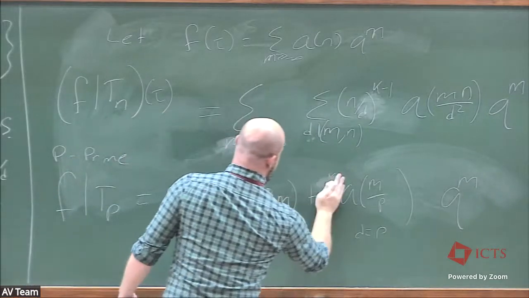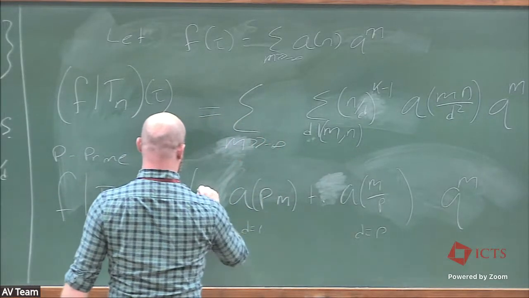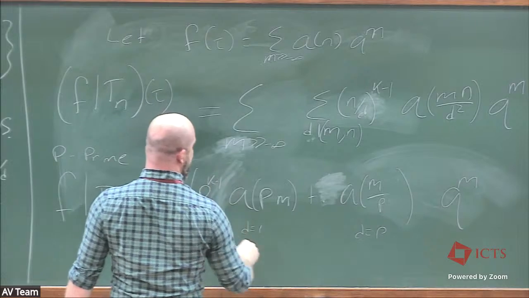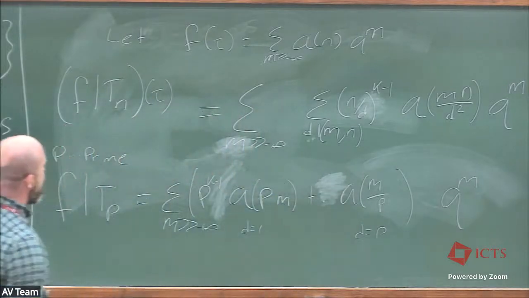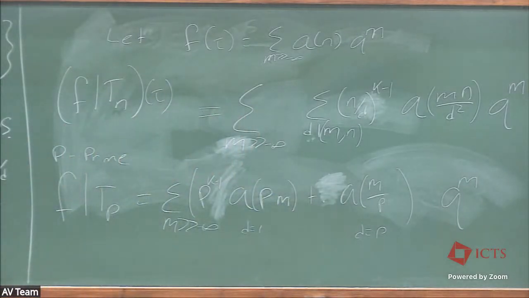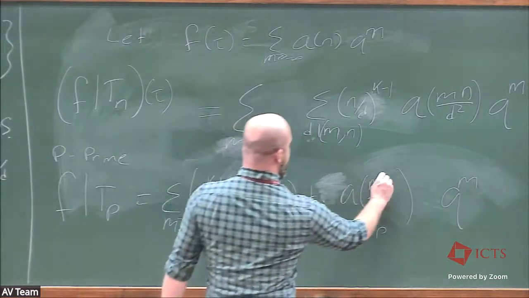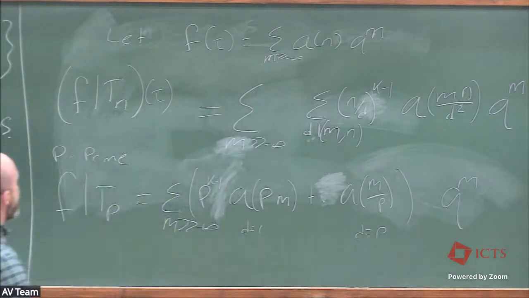I need these p's to be on this side. There we go. D to the k minus 1 plus that. There we go. Okay. Good.